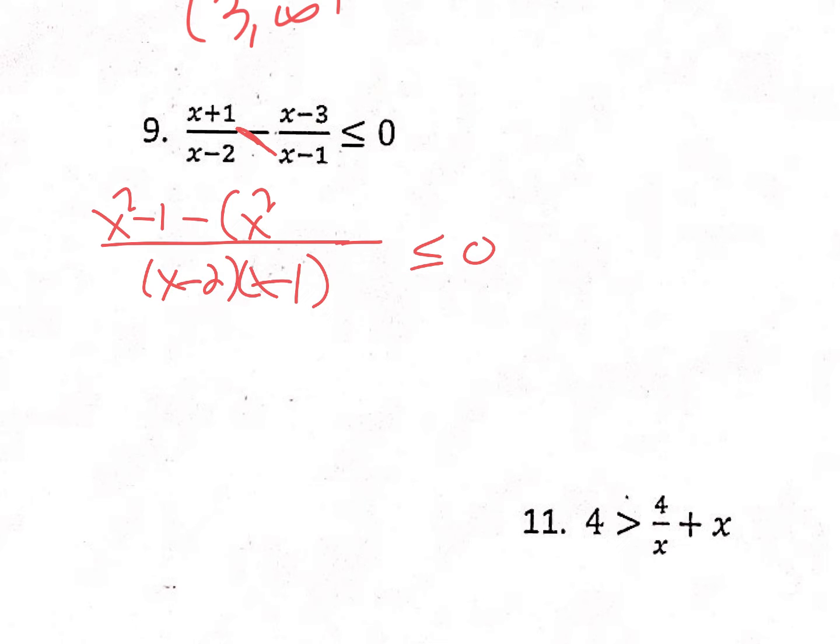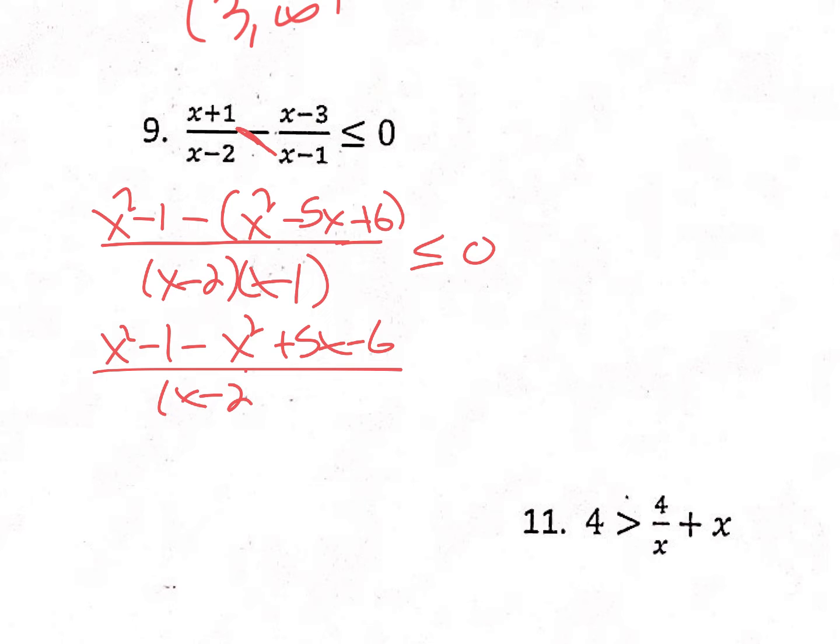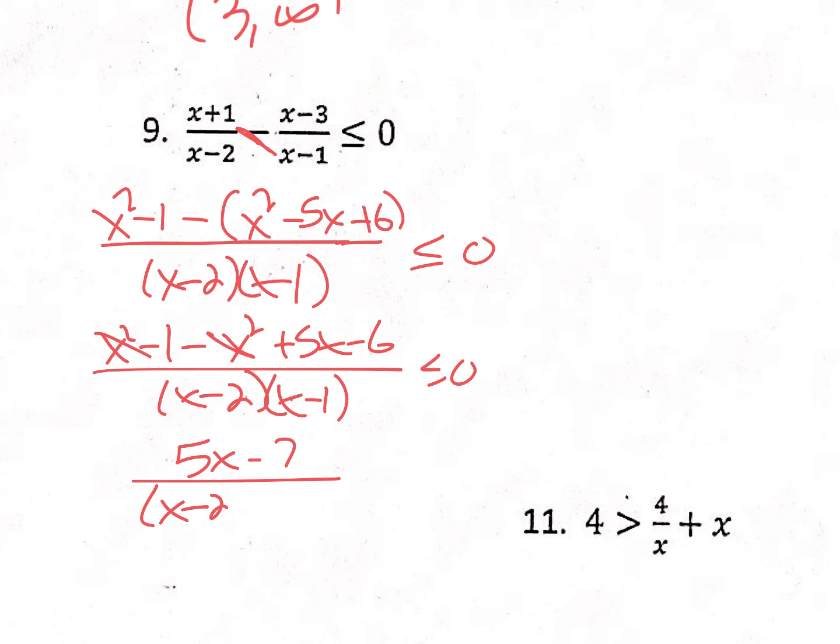Outer is -3x, inner is -2x, that's -5x. And I'm doing last, which is 6. All right, now I'm going to apply that minus sign. The minus sign changes all the signs in the parentheses over x minus 2, x minus 1. And what happens is my x squareds go away. I got 5x minus 7 over x minus 2, x minus 1.